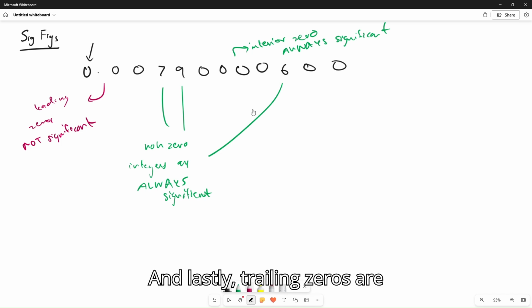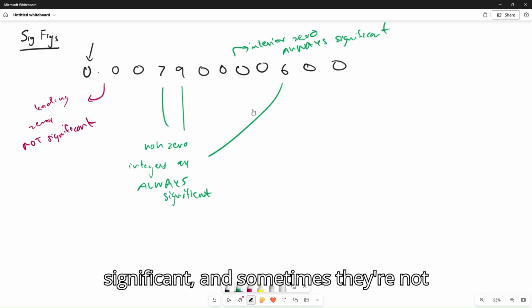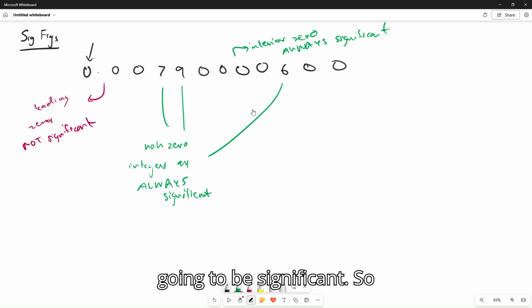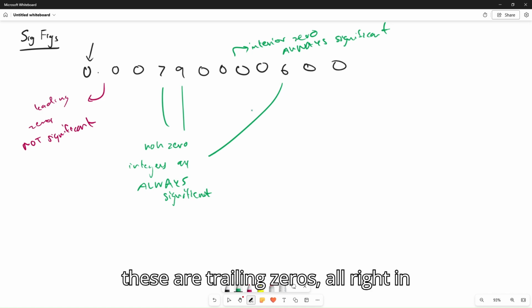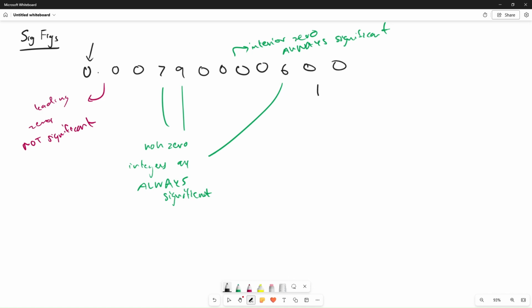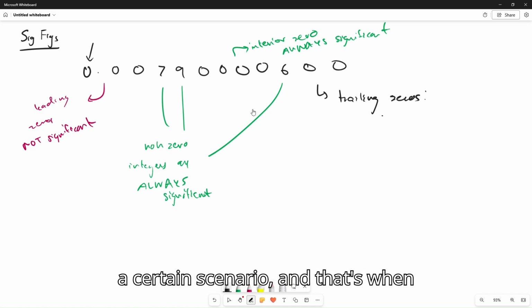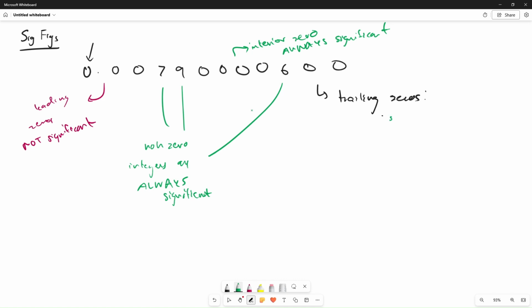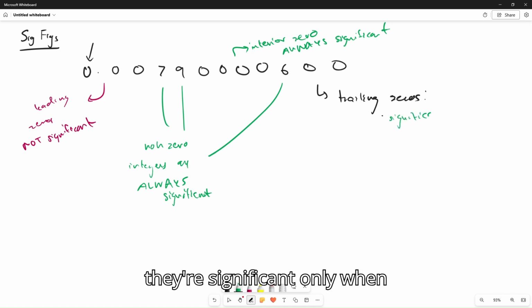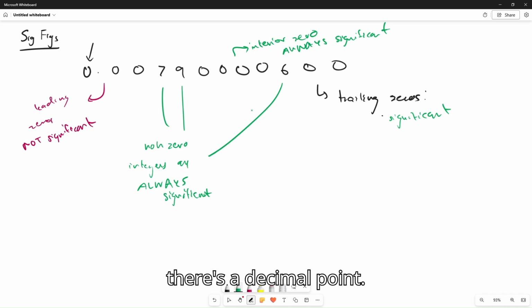And lastly, trailing zeros are sometimes going to be significant, and sometimes they're not going to be significant. So these are trailing zeros, in black. Trailing zeros are significant only when there's a decimal point.